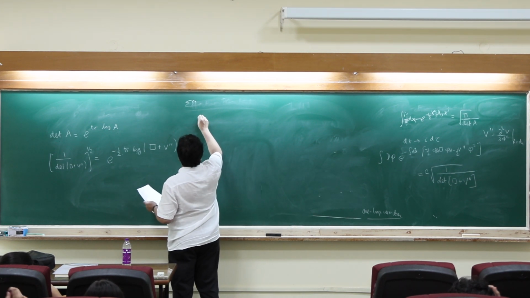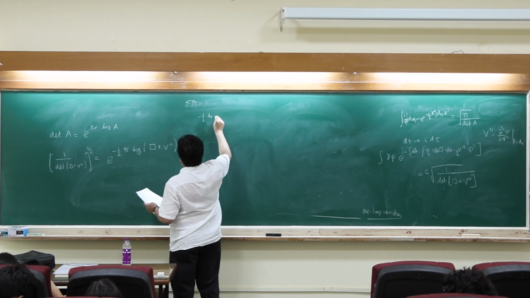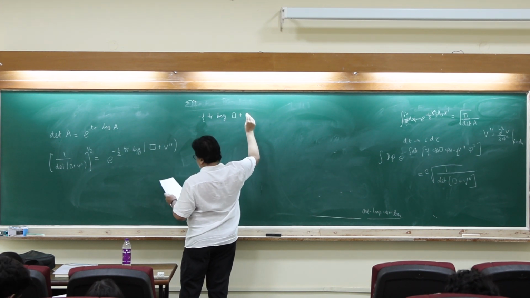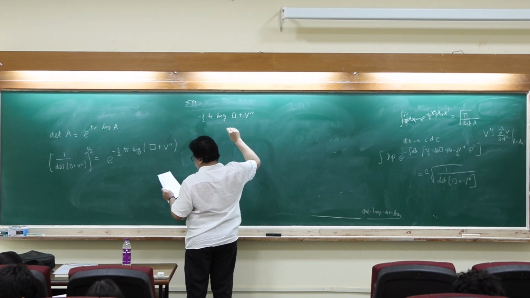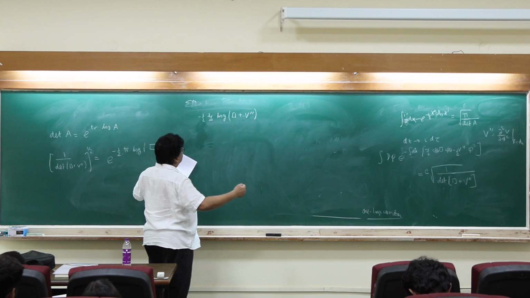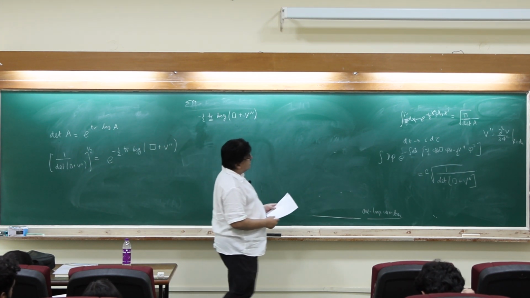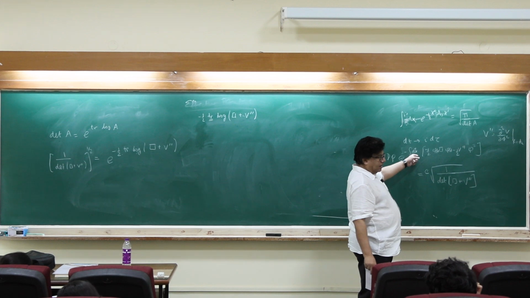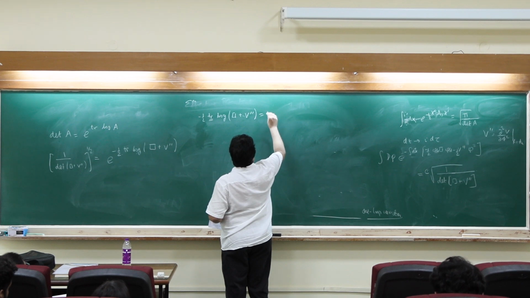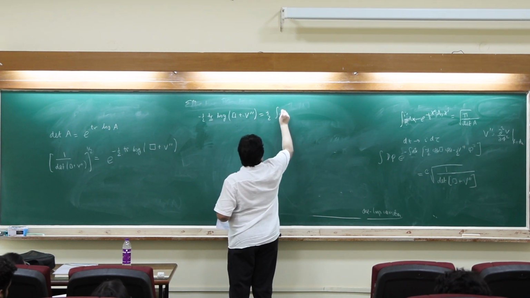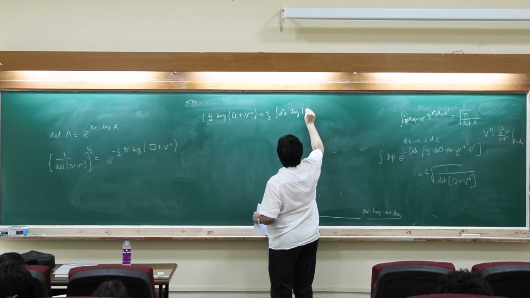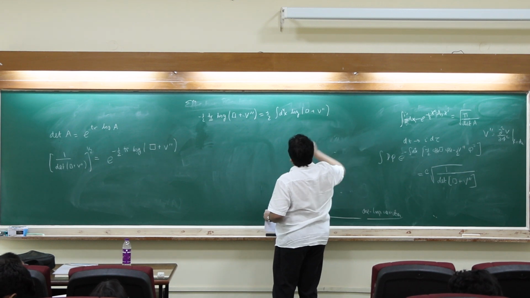So now to calculate that, I'll start with this minus half trace log box plus V double prime. Okay. Trace means you have to trace out all the, as I said, here the trace was a volume integral. Okay. So this is actually minus half d4x log box plus V double prime.